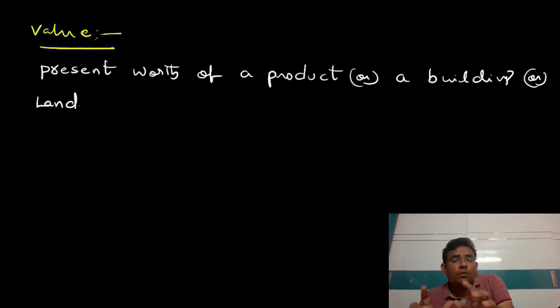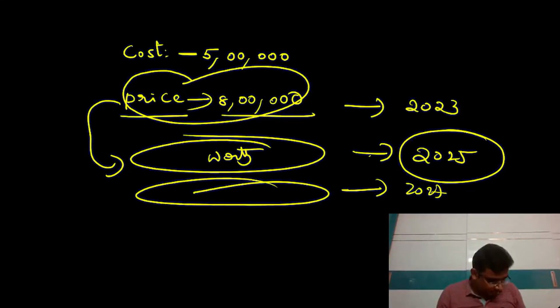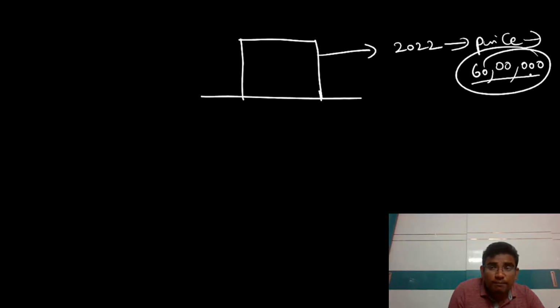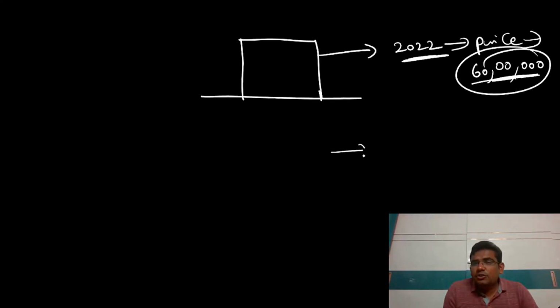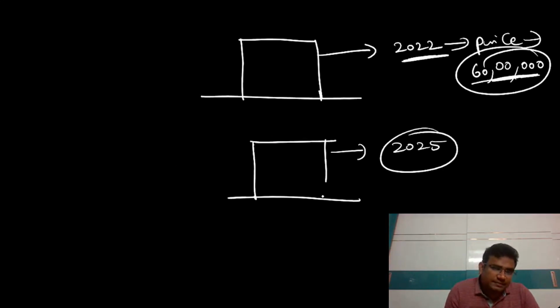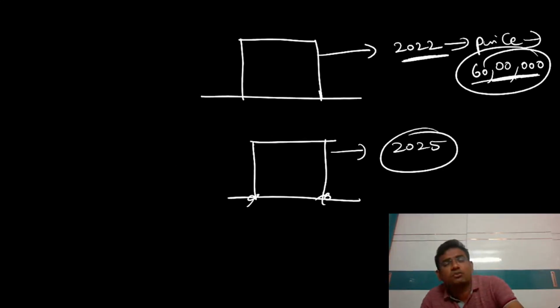Now let us say a building is constructed in 2022, and the price of the building was 60 lakhs. Now, in 2025, I want to determine its worth, its value.